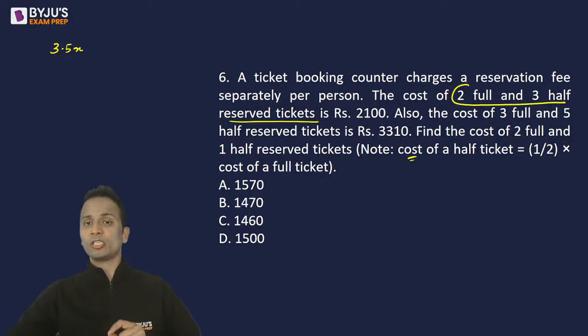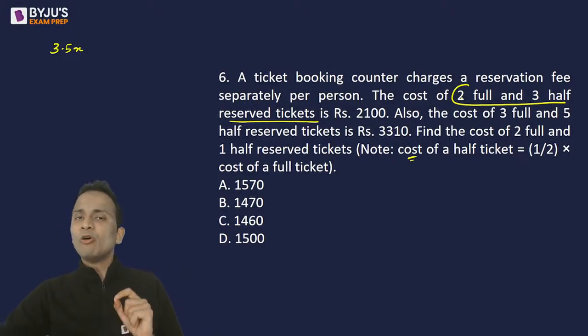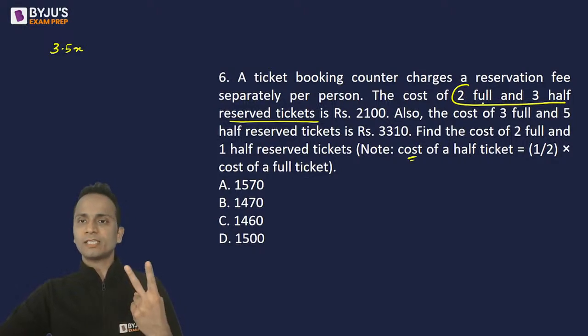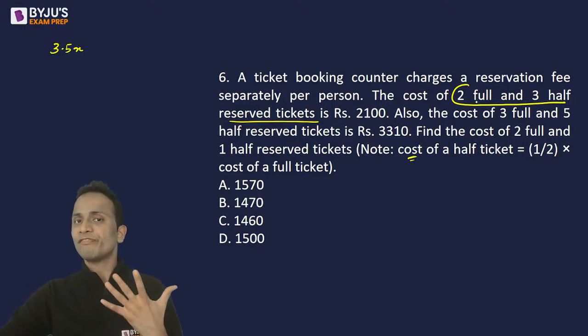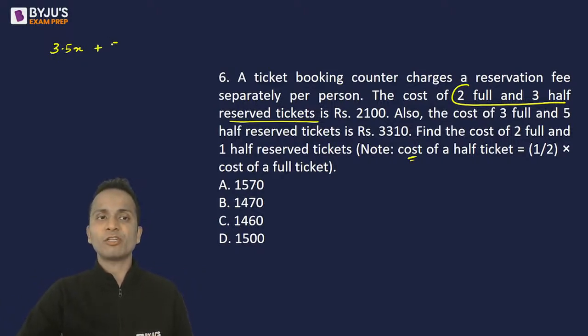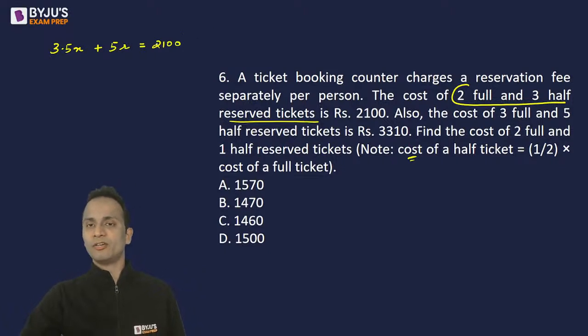This is the cost. And let's say R is the reservation charges per person. In this case, how many tickets are booked? 2 full tickets and 3 half tickets. So a total of 5 persons are traveling. So the reservation fee will be charged separately for these 5 persons. So that is 5R, and this value is given as 2100.